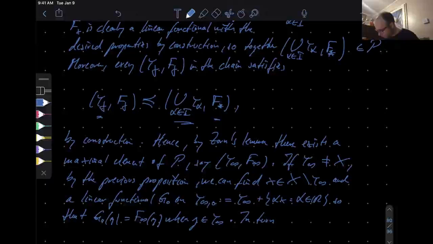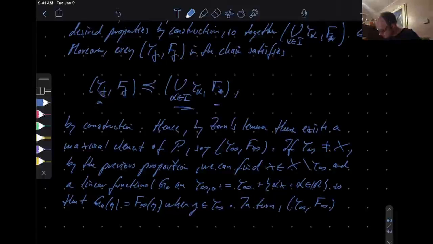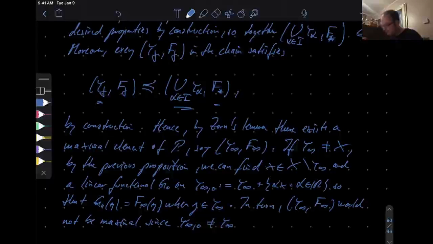So in turn, y infinity, f infinity would not be maximal, since simply y infinity zero is not equal to y infinity, right? Because the definition of a maximal element guarantees that these two have to be the same, but here they are not, so our assumption was wrong.